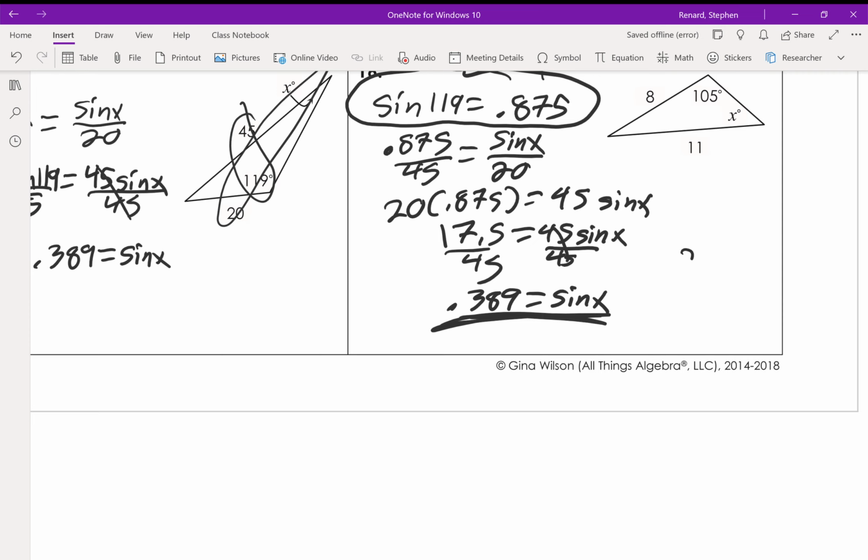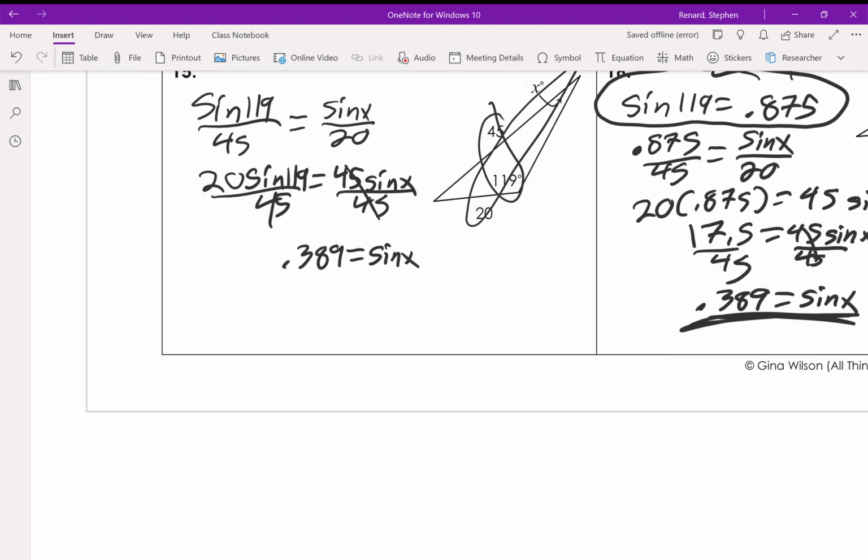So what we do is we hit second sine, or whatever your calculator has that as, sine to the -1 power of 0.389. And that's going to give us 22.9.